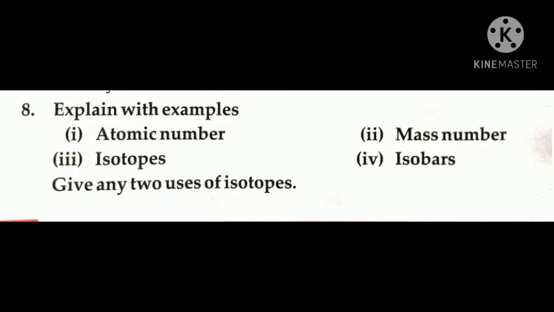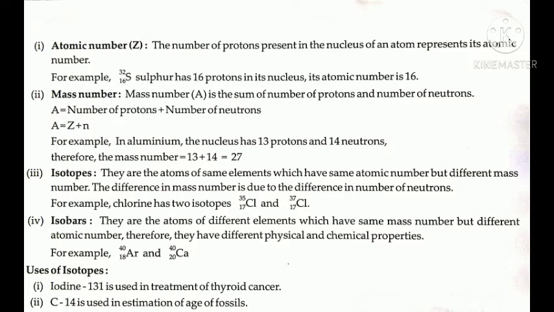Question number 8. Explain with examples. First one, atomic number. Second, mass number. Third, isotopes. Fourth one, isobars. Give any 2 uses of isotopes. Answer. Atomic number Z. The number of protons present in the nucleus of an atom represents its atomic number.